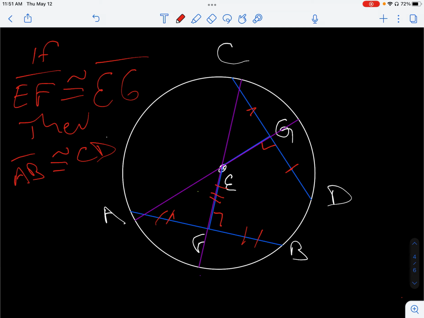Because it's in a circle, circles have the same radius, it's the same distance from the center point, then the chords are going to be bisected, they're going to end up being the same.